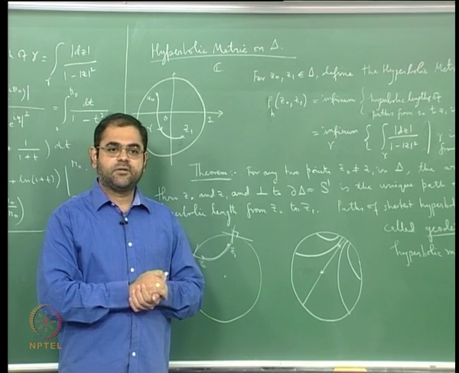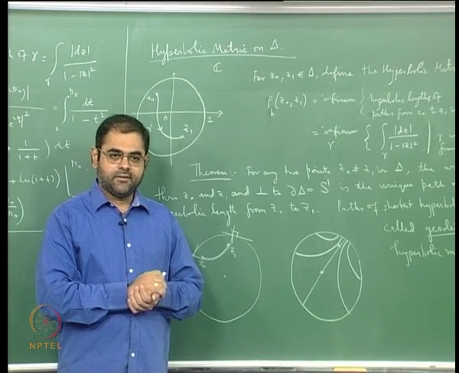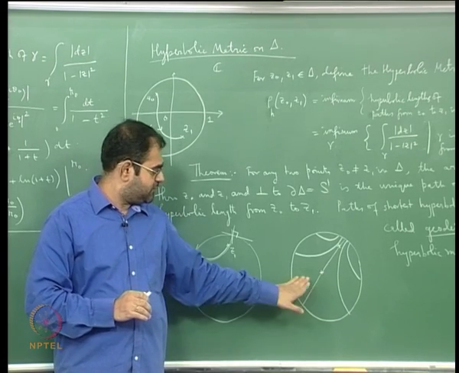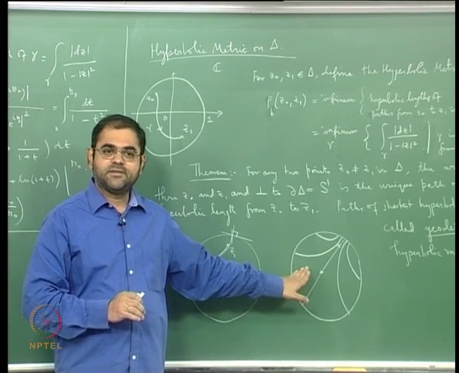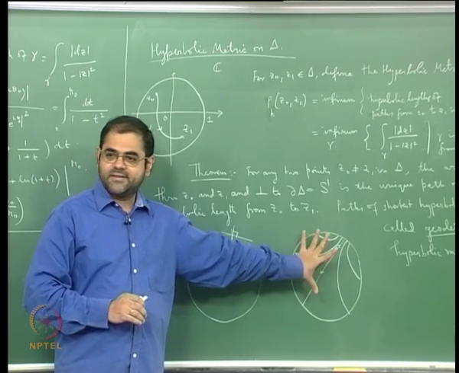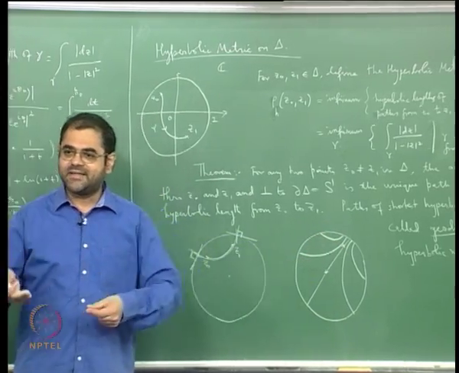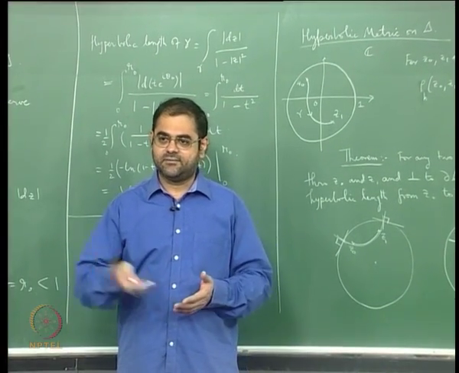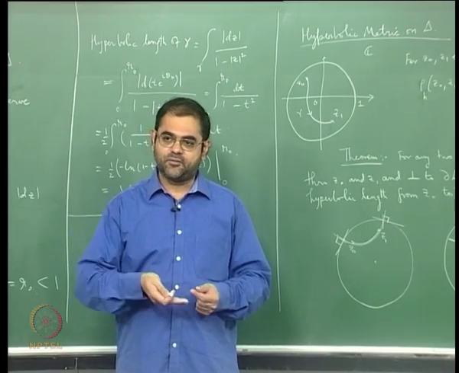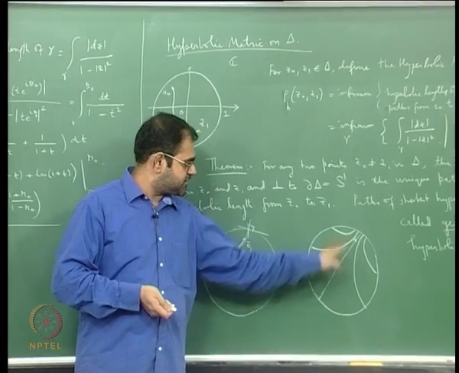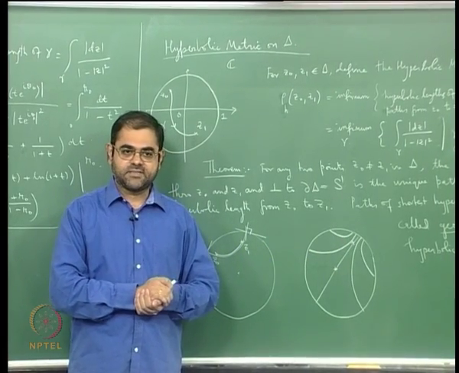All other axioms that you have for straight lines, the same axioms will hold good for the hyperbolic geodesics. So all these curves on the unit disk are the analogues of straight lines on the Euclidean plane, which are important for Euclidean geometry. The analogues here are these curves, the hyperbolic geodesics.